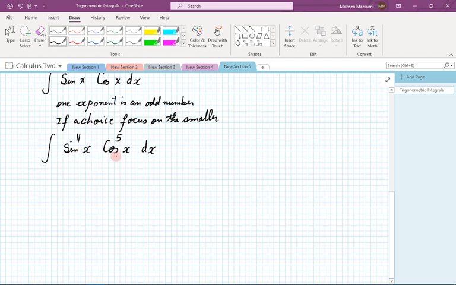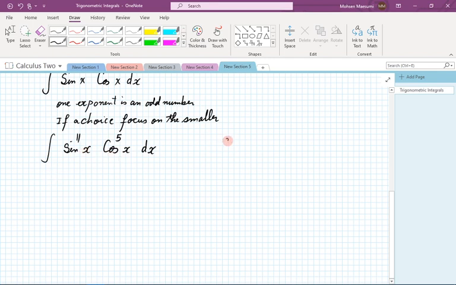So what I'm going to do is convert as much of this as possible to sine and leave one cosine out. Why do we do that? Because when we do a substitution of u being sine of x, the derivative of that u is going to be cosine of x. Let's see how this works.